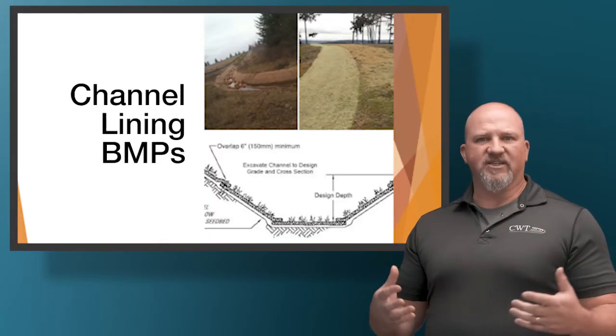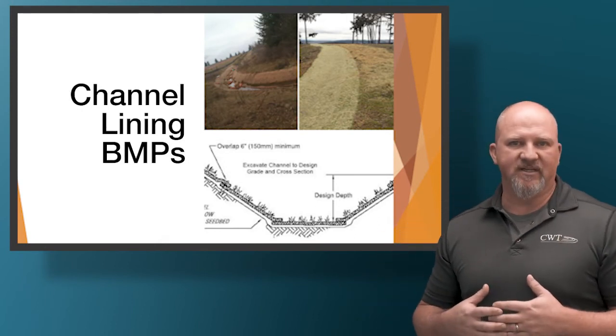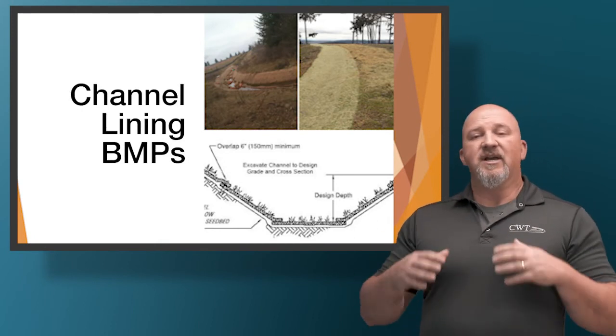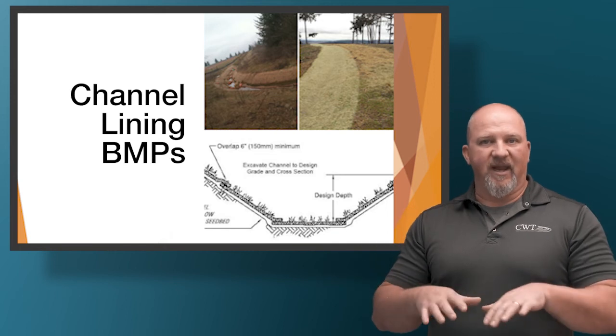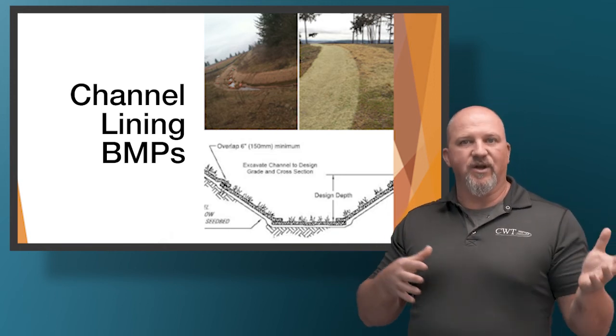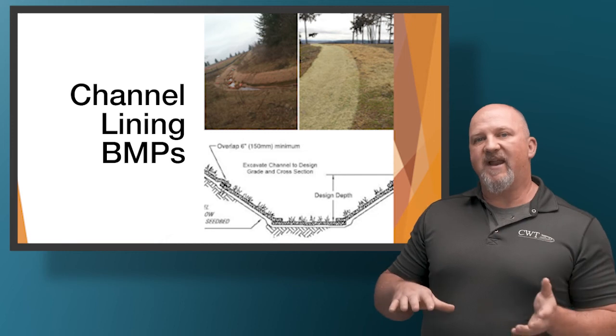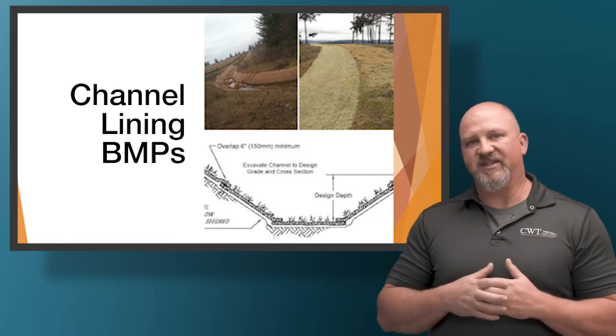If the channel or ditch line has just recently been exposed and the vegetation's not established, you're going to need to use a channel lining BMP, like a channel liner control measure, where you're going to protect the shoulder, waiting for those shoulders to reestablish with vegetation.